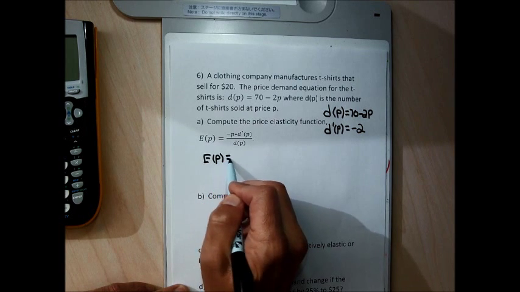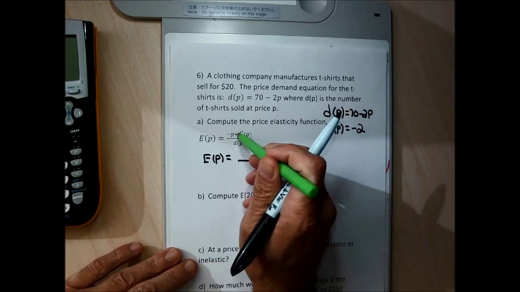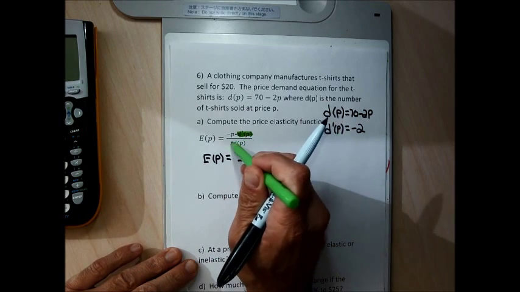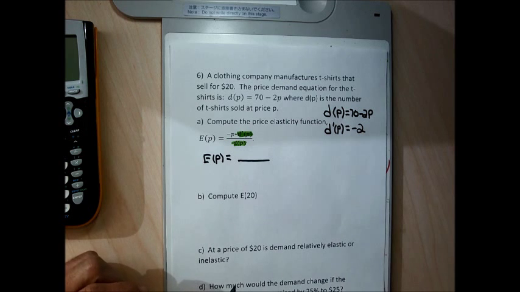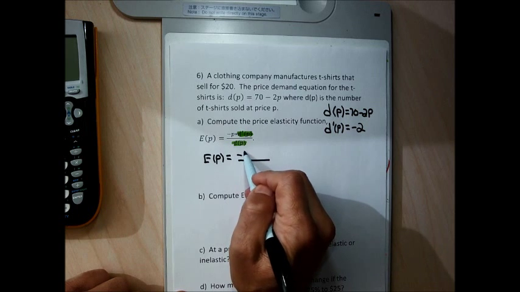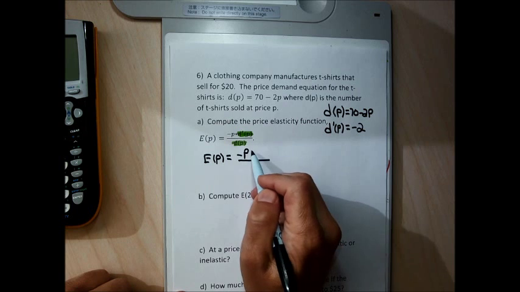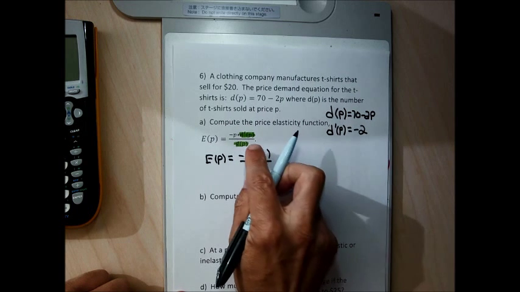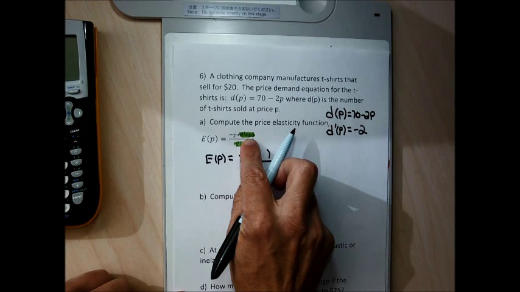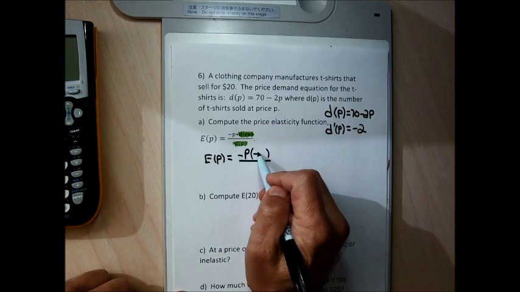The price elasticity function involves taking the formula and replacing two things in the formula with information that's specific to the problem. You leave the negative p from the formula in the numerator, and then after the negative p there's a times sign, which I can replace with a parentheses, and inside the parentheses I'm going to put D prime of p, which is negative 2.